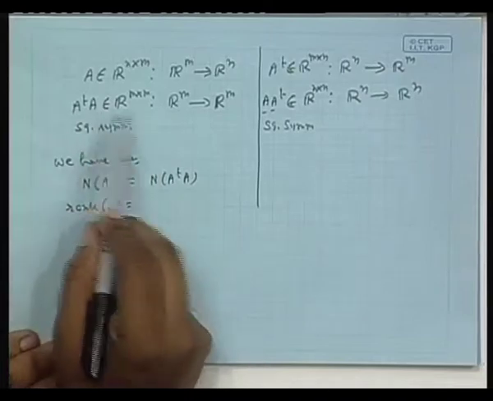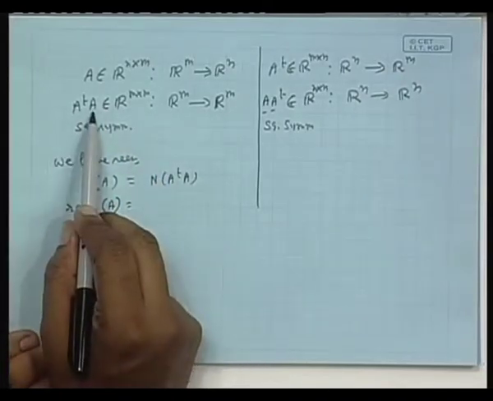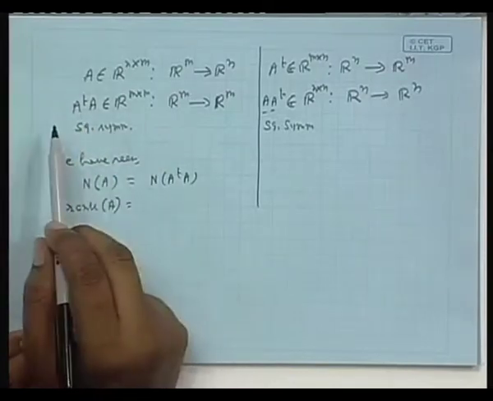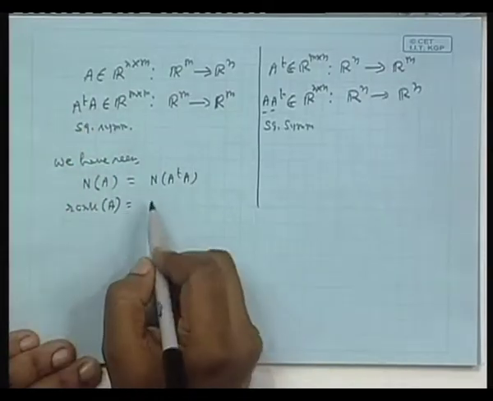So, rank of A transpose A is m minus nullity of A transpose A, but the null spaces of A transpose A and A are the same. So, they have the same dimension, the same nullity. Therefore, the two ranks are the same.